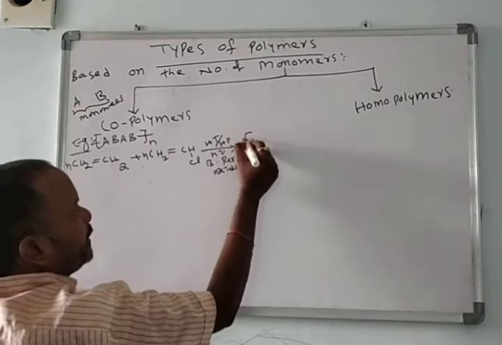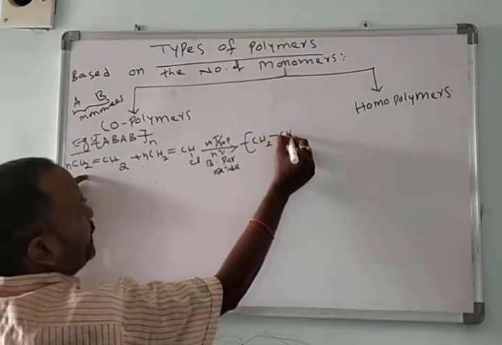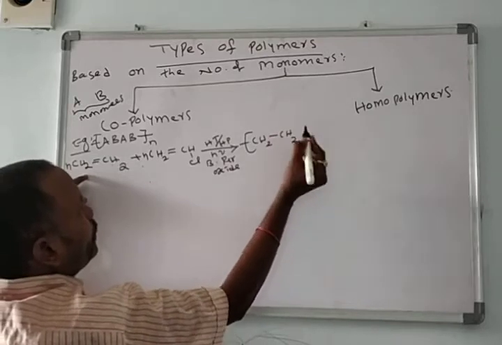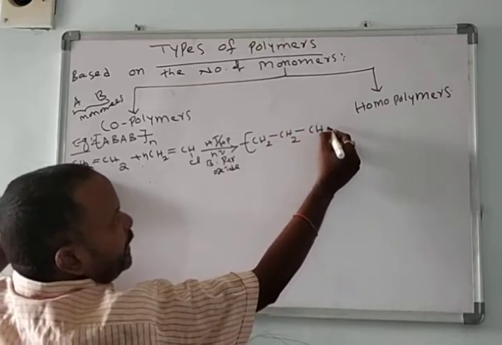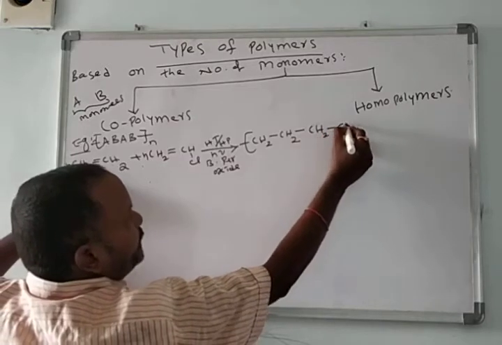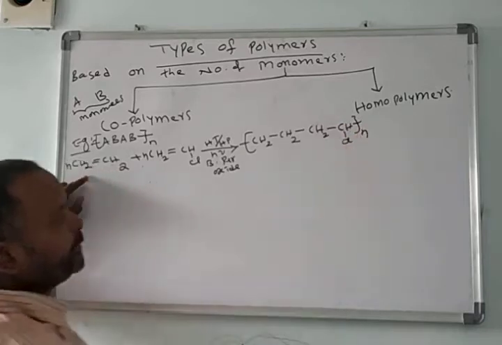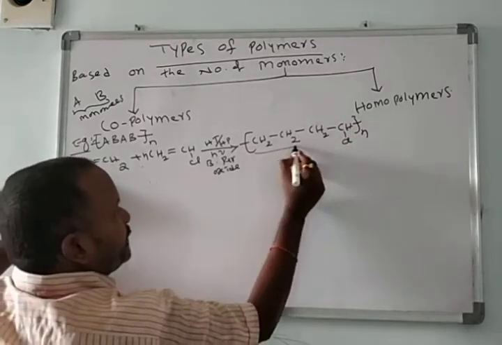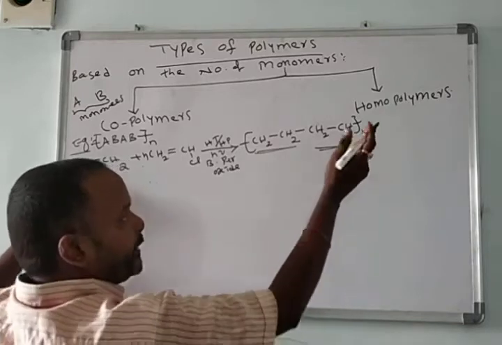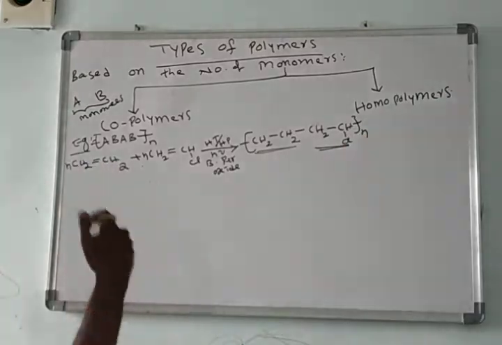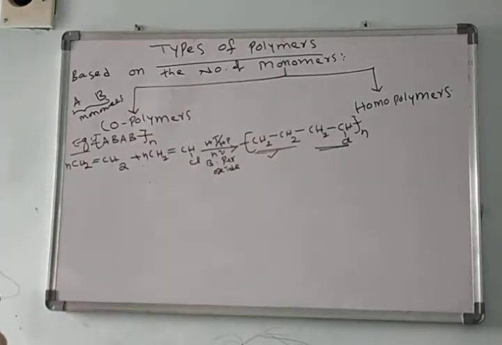What happened here? We will get CH2 here. This bond will be removed, CH2, and here CH, and here CH2, CHCl taken n times. Here, this is the ethylene part, this is the vinyl chloride part. It is prepared from two different monomers, so we call it a copolymer.